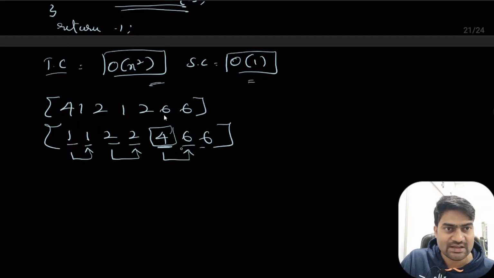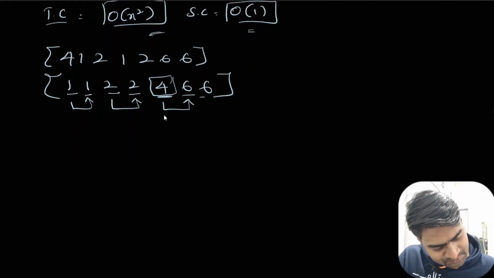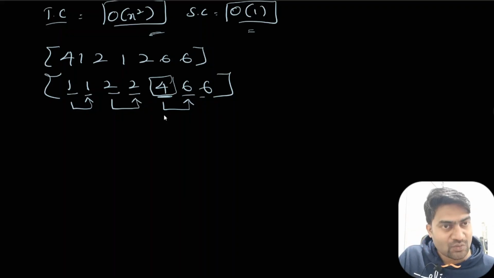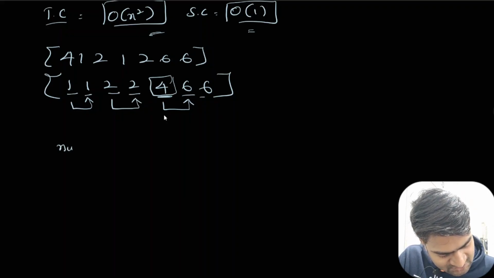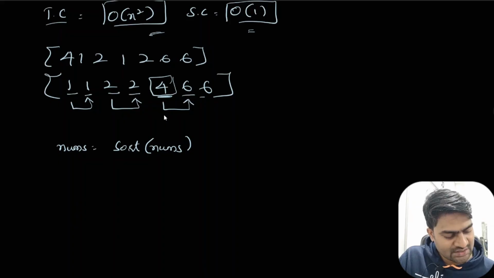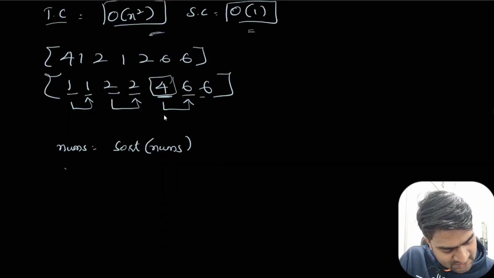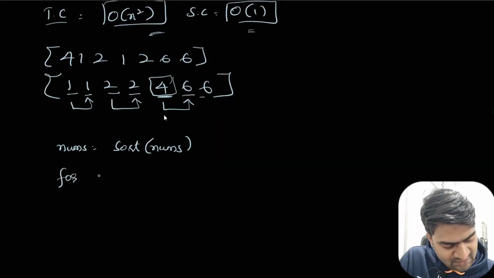Okay, let's try to write the pseudocode for this one. I will first sort my array: nums equals sort nums. This will give me the sorted array. Now I will use a for loop. We don't need two for loops now; with a single for loop only, we will be able to find it.